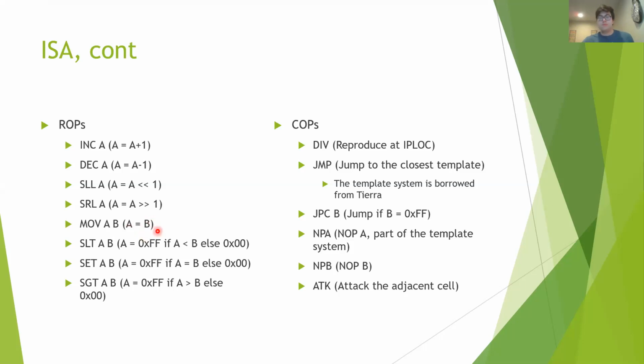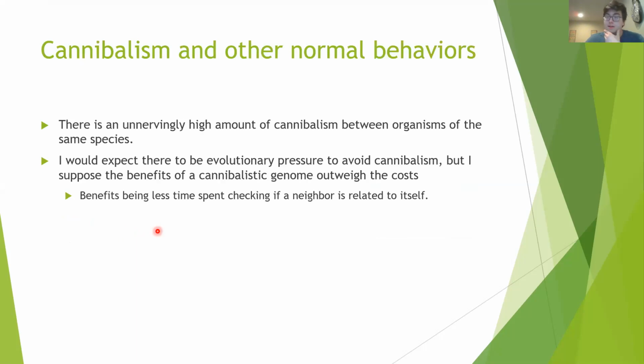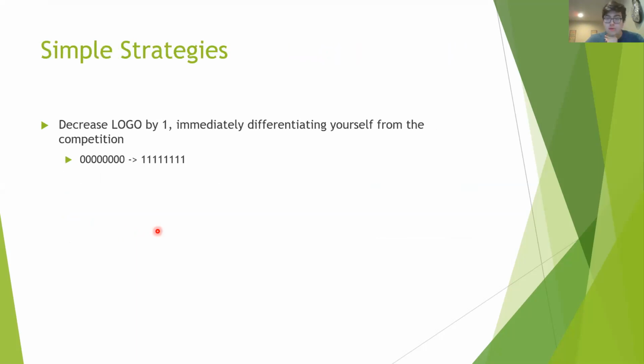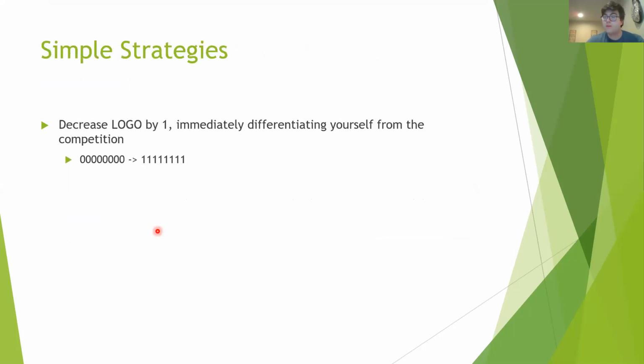So if you were paying close attention while I was explaining the combat system, you may have asked yourself, why the heck would it not simply copy from the victim's logo to the attacker's guess? Wouldn't that be perfect? The answer is maybe.